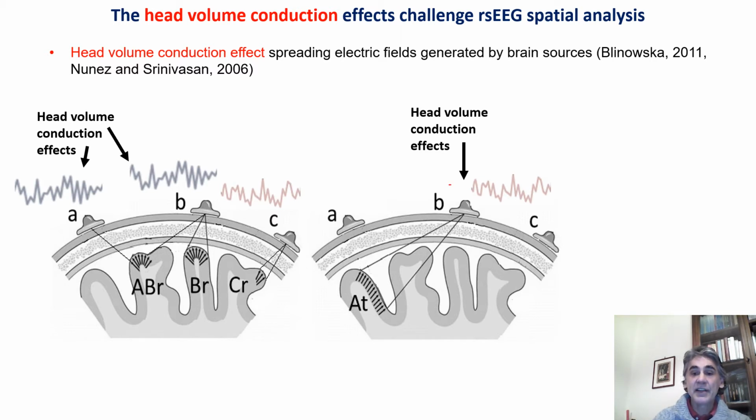You can see an EEG activity recorded in electrode B. One may suppose that this activity is related to a cortical source underlying the electrode, but this is not the case in the example. In reality, it is a cortical source tangential to the scalp surface that generates the EEG activity at electrode B.